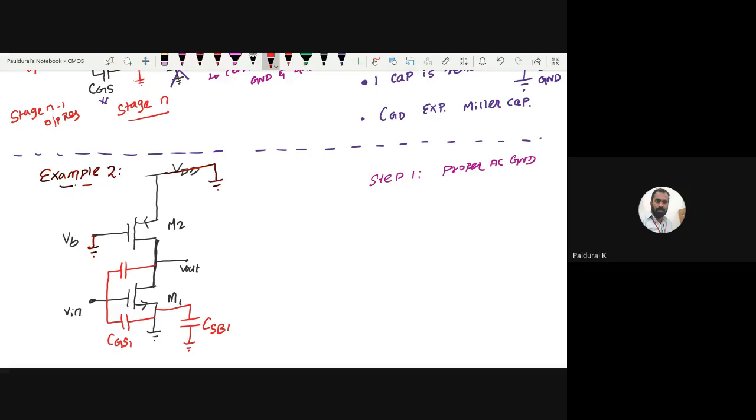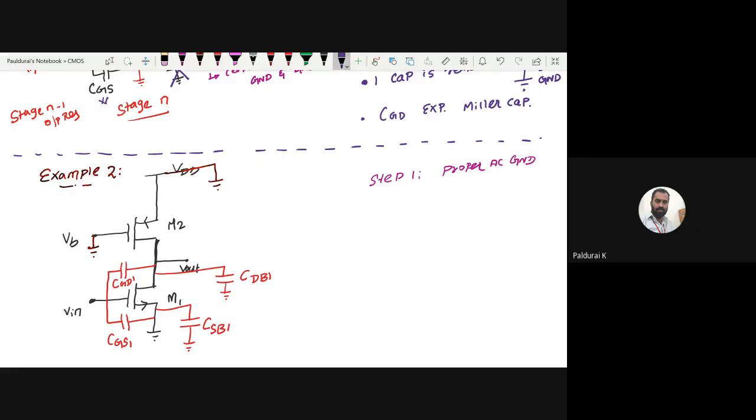This is capacitor between the drain to gate of 1. And here one capacitor between, sorry, this is drain, right? So drain to bulk of 1. Okay, so 4 capacitors.